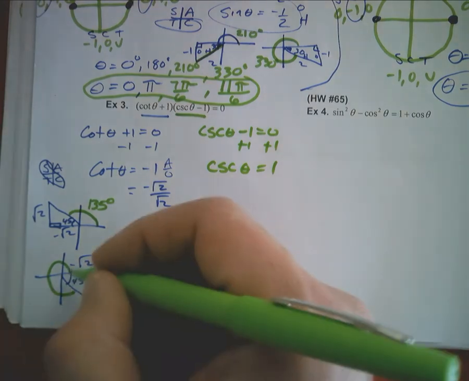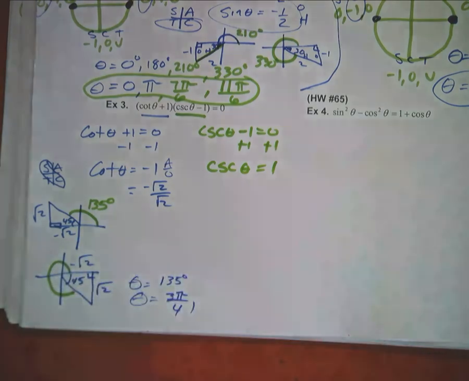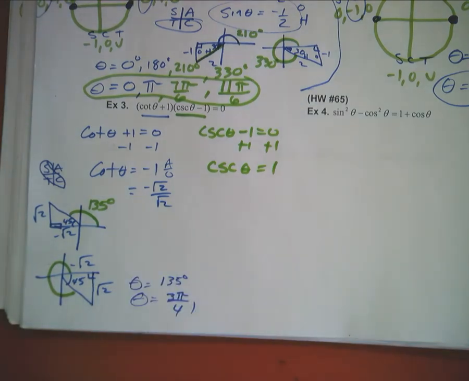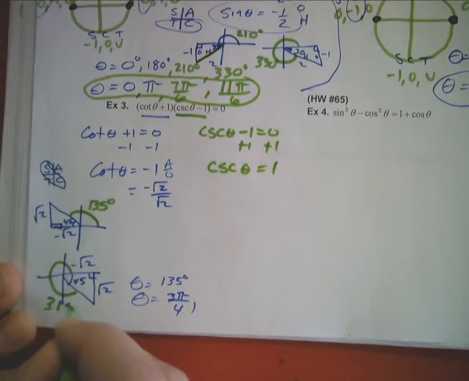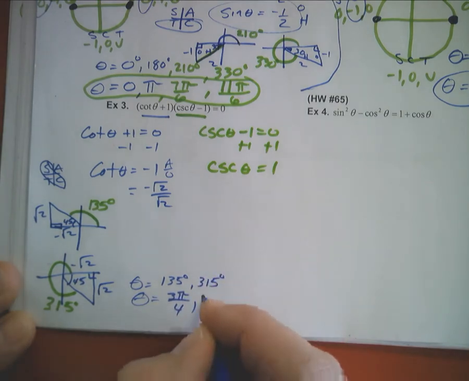So again, this thing is somewhere between 270 and 360. We'll go ahead and take 360 minus 45. And that's what, 315 degrees, right? So we get 315. Converted is 7 pi over 4.